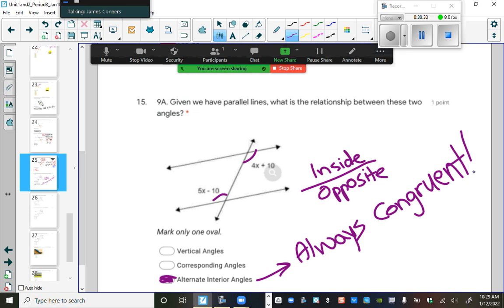I'm going to go to the next slide in a second. Alternate interior angles, always, always congruent. Okay, questions on this problem? Because that's going to be the key.